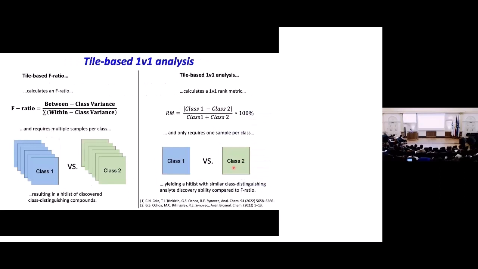which has been our tile-based 1v1 analysis. Whereas tile-based F-ratio calculates your F-ratio and requires multiple classes, the tile-based 1v1 analysis uses the unit-sum rank metric, that is the sum-normalized absolute difference of the classes, and with a little bit of algorithm to check that the data you calculate this on is well behaved, we can get a hit list from the 1v1 analysis that has a high fidelity to the same kind of hit list you may get from F-ratio, but only using 1 sample per class.